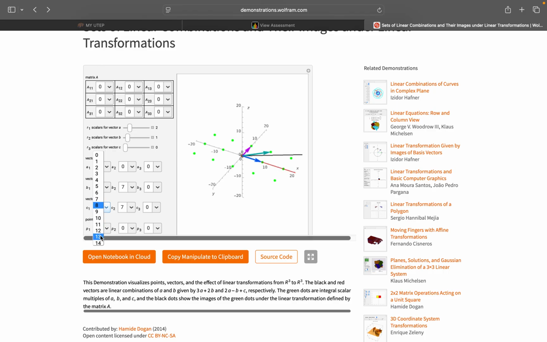It would look something like, oh, right here, 16. So it would be 16 and our 7 right here. That's how it would look for our C vector.